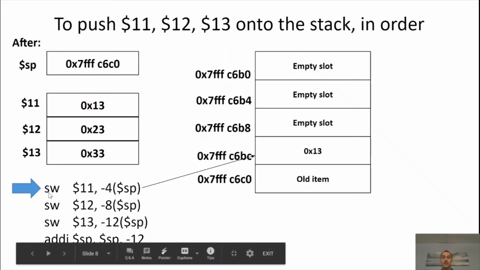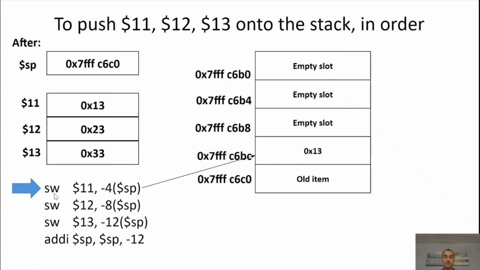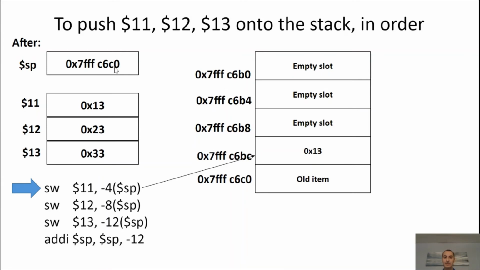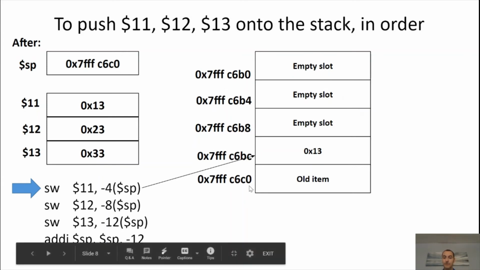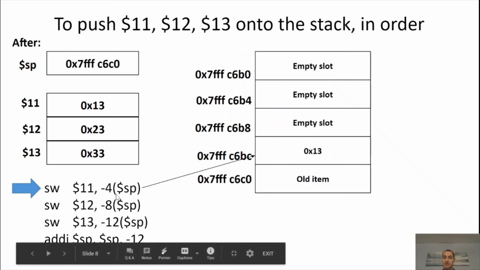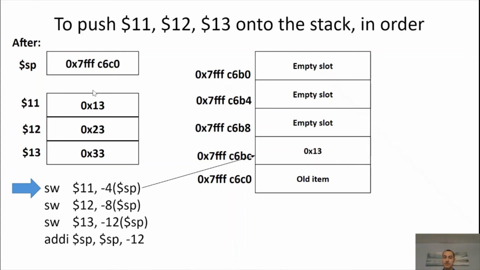After running this first line, we save register 11, so this 13 here, to -4 from our stack pointer. Currently our stack pointer is at C0, which is here, and -4 of that is here. So if we run this line, we're going to copy this data over to this location.